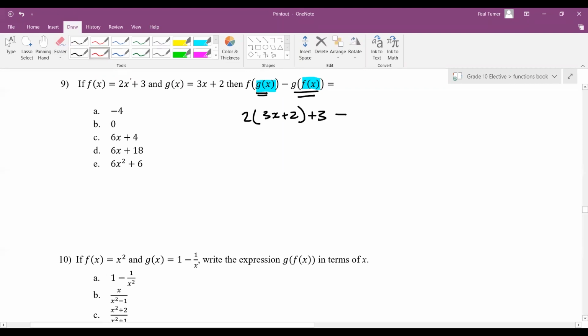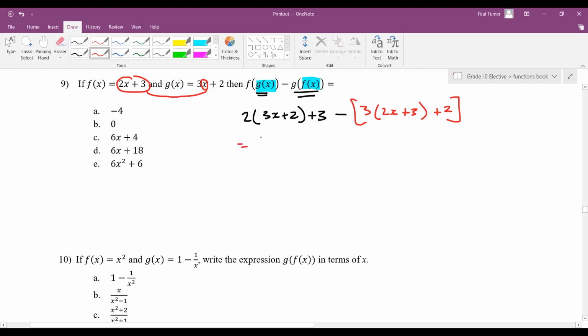So take your f function and put it into g here. So you'll end up with, let's keep it like that. So 2(3(2x + 3) + 2), like that. Keep it in a big bracket because you need to subtract the whole thing.